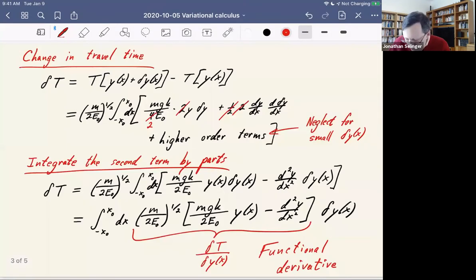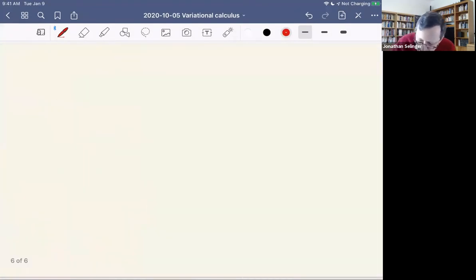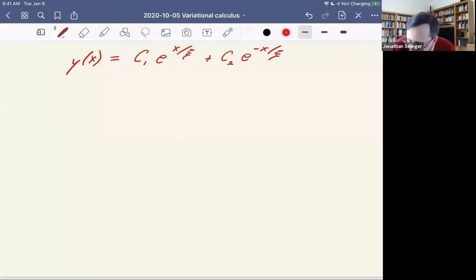So let's do it. Okay, so we have that y of x is C1 e to the x over ξ plus C2 e to the minus x over ξ. So I'll plug in x0 and negative x0.